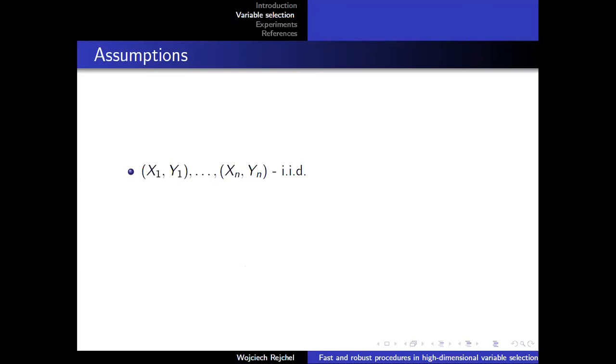So first, assumptions which give you the relation between the true parameter and the parameter we estimate. So we assume that our data are IID. Just for simplicity, I assume that predictors are centered.